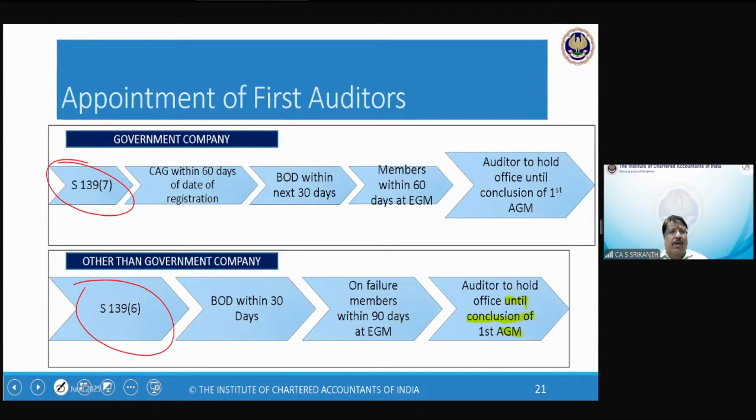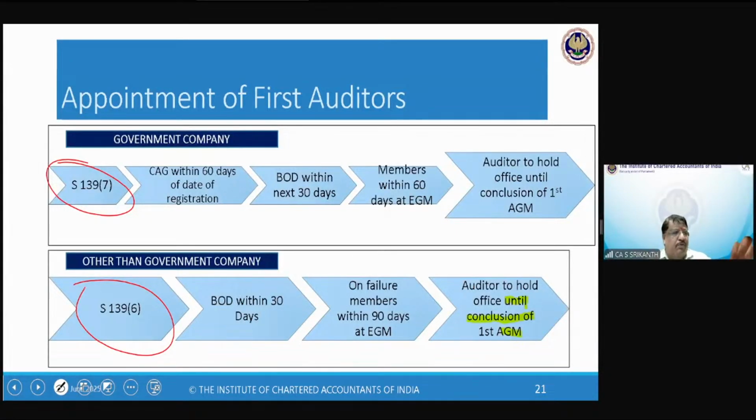Okay, then can I start immediately? No, sir, you cannot. You have to open a bank account and deposit the paid up capital in that account. Okay, then I can start? No, sir, inform the registered office of the company. Done. Okay, then can I start, certificate of commencement of business? Yes, you can start. But before that, you have to appoint an auditor. Okay, Srikanth, you be the auditor. That's all. So we only will do everything.